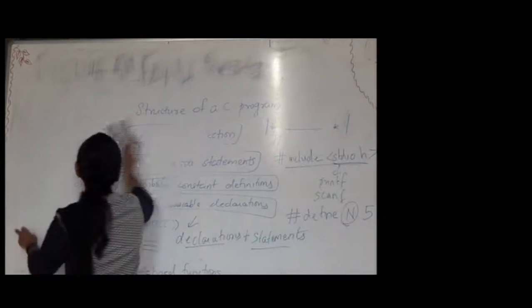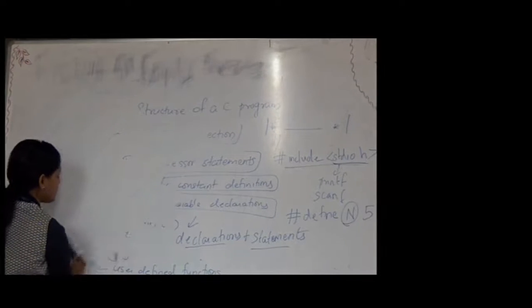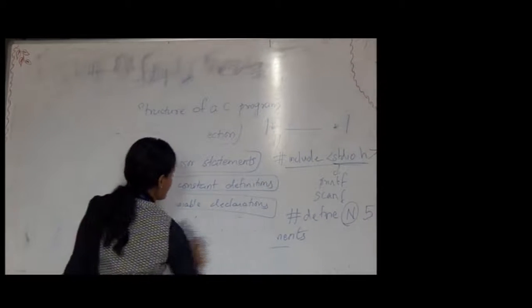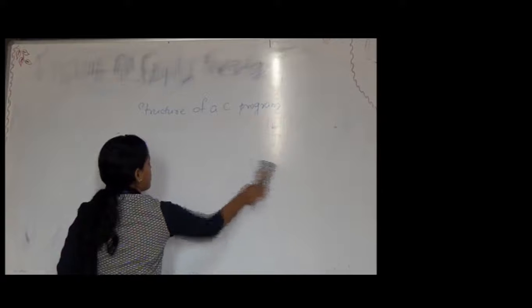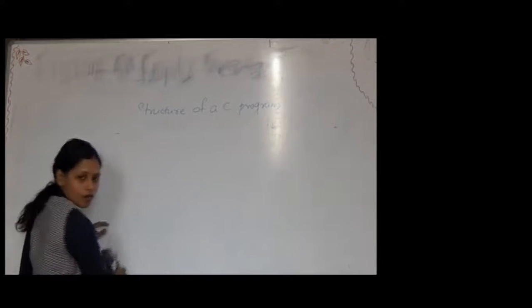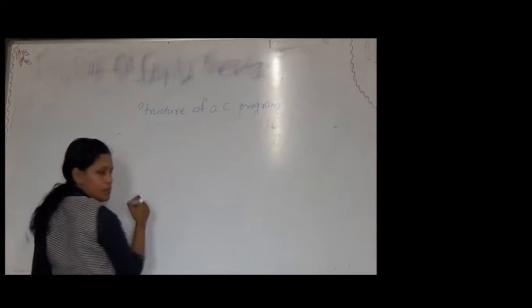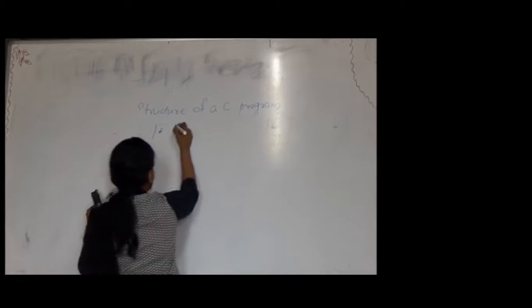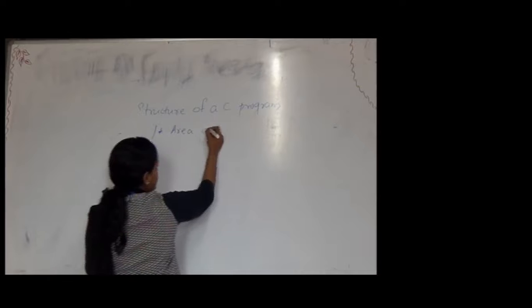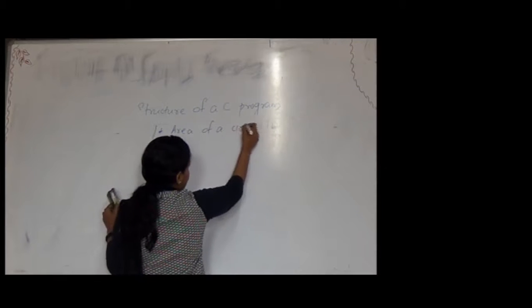Now let us consider an example C program so that the structure of a C program is more clear to you. I am writing a C program to find the area of a circle. So our C program begins with the documentation section. Here inside the documentation section I am writing area of a circle.